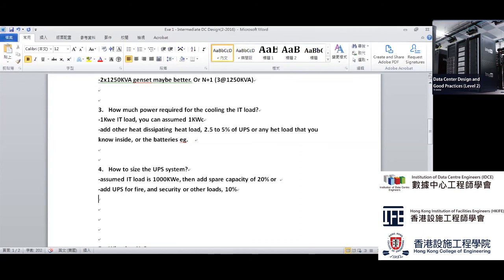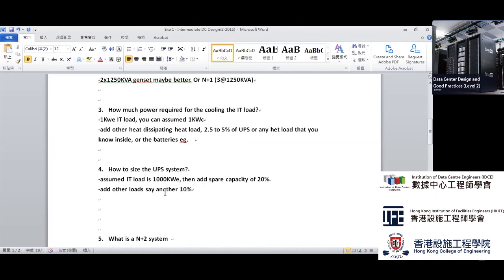So in this case, the UPS load, we add the 20% and the other load, say another 10%, just for rough estimation.